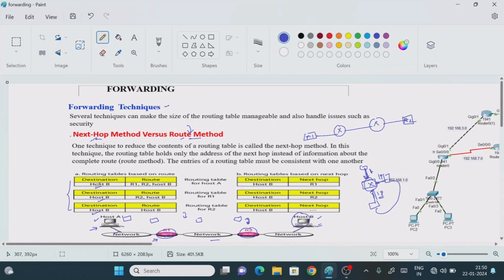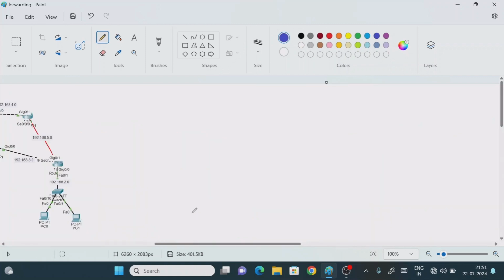The final destination is host B, and currently we are at host A, so it should have the database of R1, R2, then host B. Once the packet is routed to R1, it should have the database of the complete entire network.